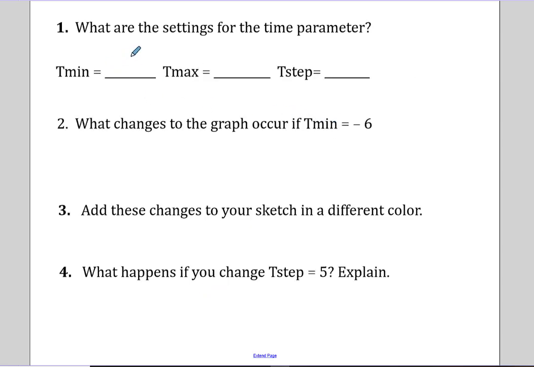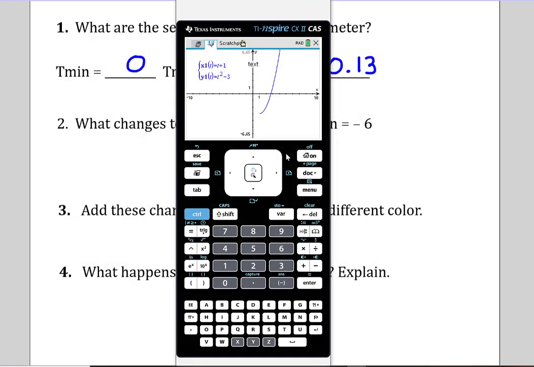The settings we said were from 0 to 6.28, which is 2 pi, and the step was 13 hundredths. So they want us to investigate what changes to the graph occur if we did a t minimum of negative 6.